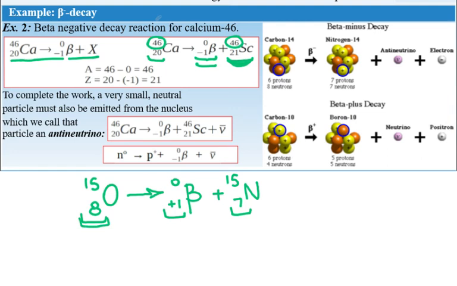Also, with positive and negative decay, you will have an antineutrino in the negative decay or a neutrino in the positive decay being emitted at the same time when the decay happens.